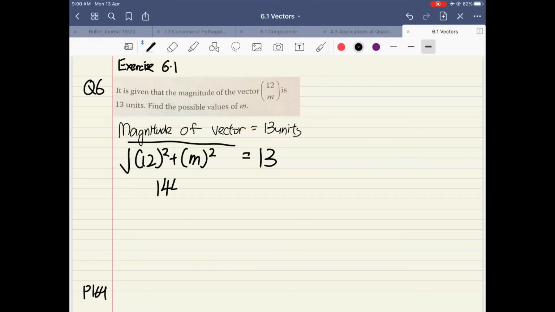So what that gives me is 144 plus m square is equals to 169. Hence, m square is equals to 169 minus 144. It gives me 25. Hence, the value of m is equals to 5. Some of you may forget that there is also a negative root. So, m is equals to 5 or negative 5.